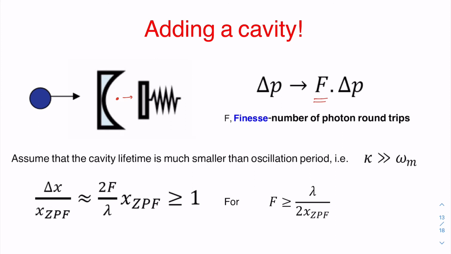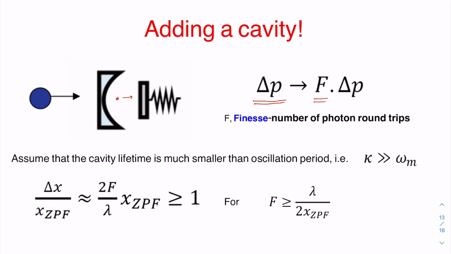So what happens is that addition of another mirror basically increases the change in momentum delta p to F times delta p, where F, as I said, is called the finesse of the cavity. Now the finesse depends on the cavity decay time also.